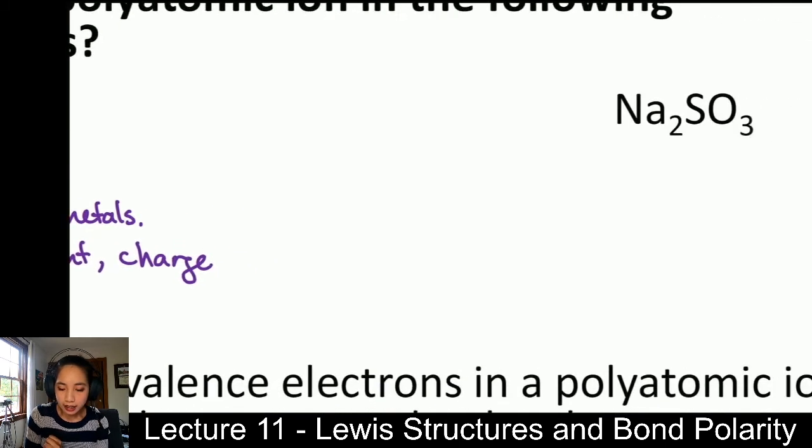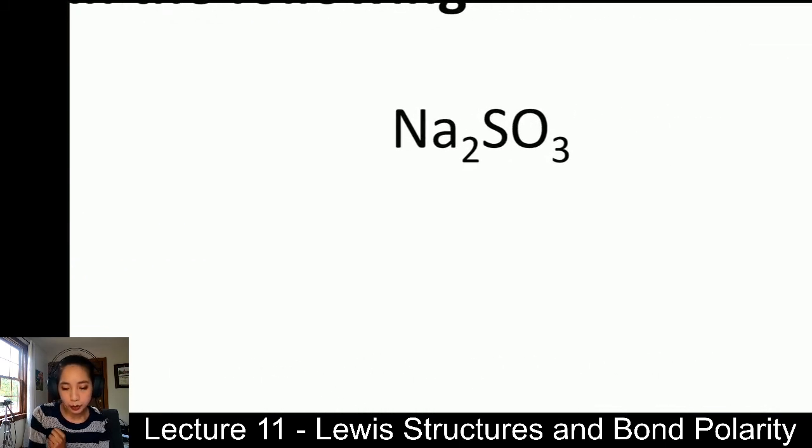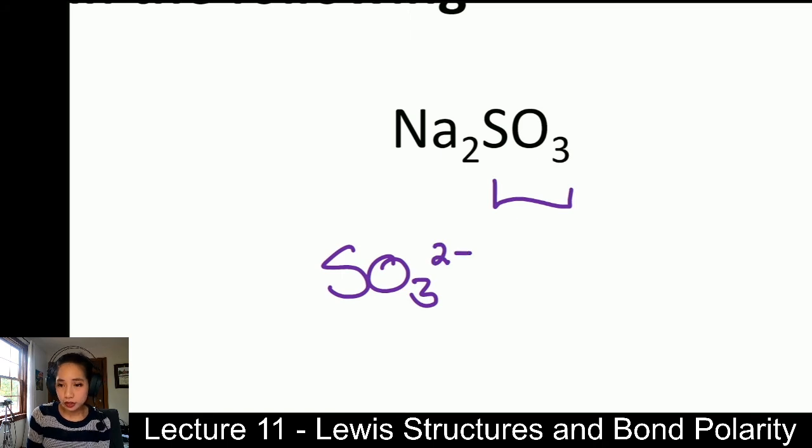All right, and then if we look at the second example, sodium sulfate, we can also identify a polyatomic ion. That is sulfate here. So sulfate, if you look at our naming chart, our naming handout, SO3 is sulfate with a 2- charge.